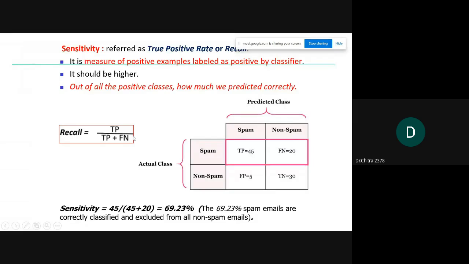Among the data set, some values are classified as positive, and some values, unfortunately, come under false negative. Positive values are classified as negative. That's actually a positive value that's classified wrongly. So the recall or sensitivity is: out of all positive classes, how many we predicted correctly. Here true positive is 45 values predicted correctly, but the total positive values are 45 plus 20. Here it's 69.23% or 0.6923. This is the sensitivity. Sensitivity means how the positive classes are classified.